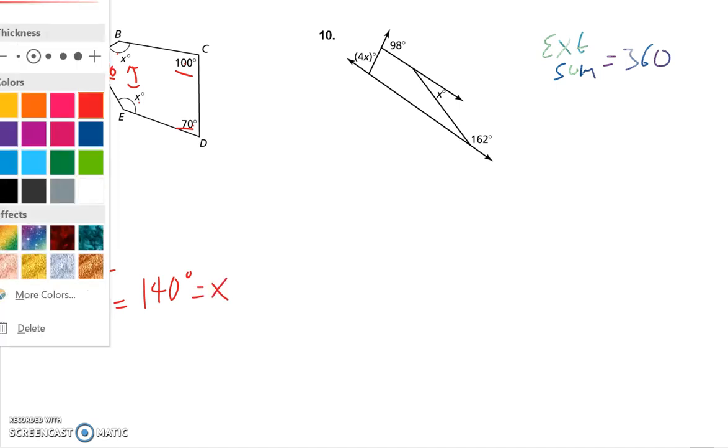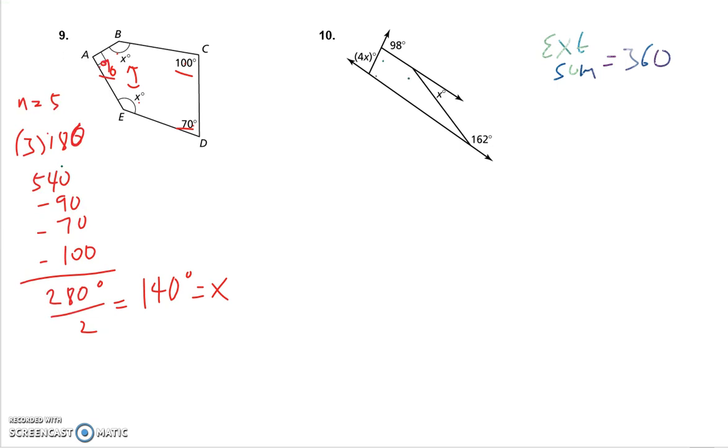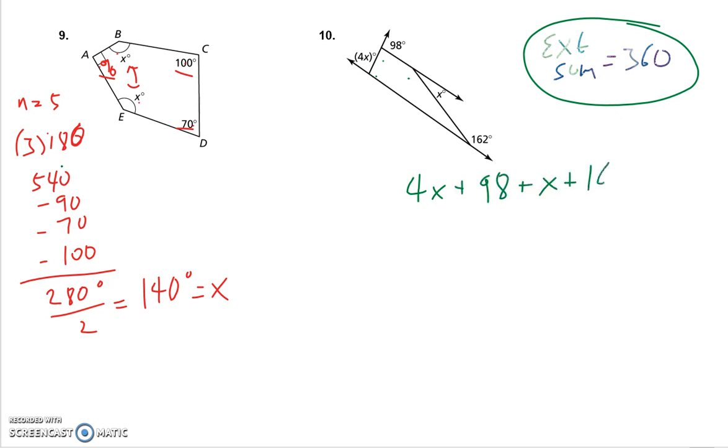Okay, this last one on here, pretty easy. Now these are external angles, so we're not on the inside anymore, we're on the outside. Whenever you have angles on the outside, they always add up to 360. So you just take 4x plus 98 plus x plus 162, and all of these together add up to 360.